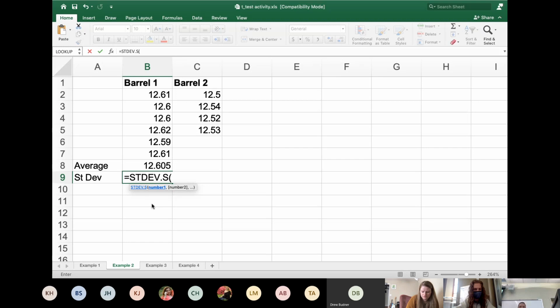That makes sense? Can I get an amen? This feels like a preaching up here. Okay, so just to be clear, when we look at your data, it has to be the .s. If you do just standard dev, the old school, it will actually be the .p. So make sure you put the S in.